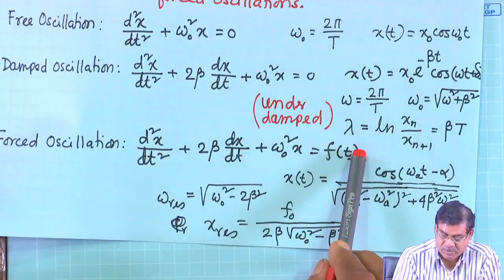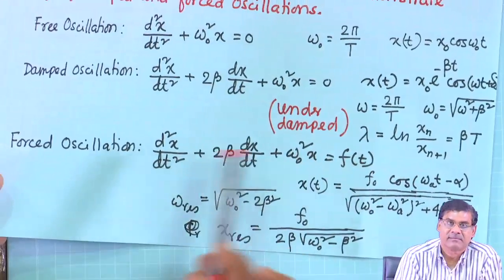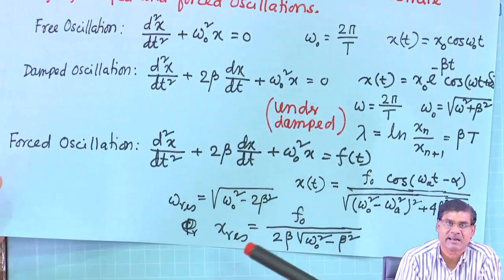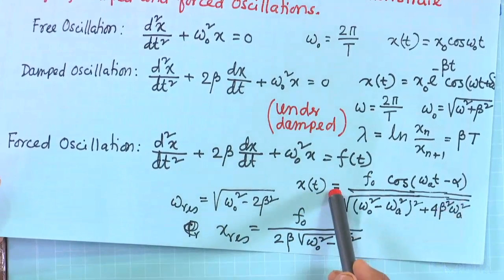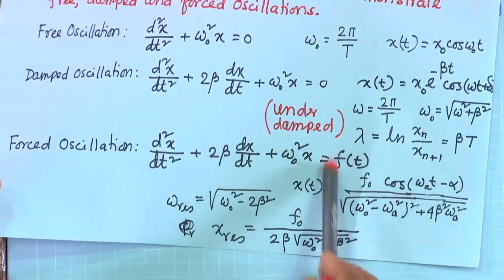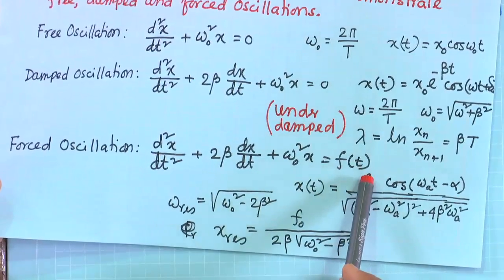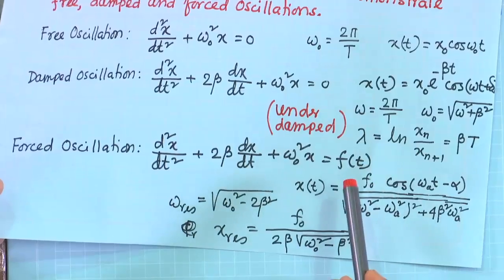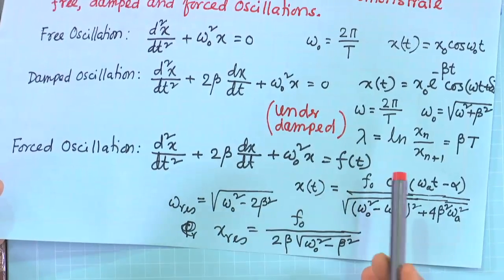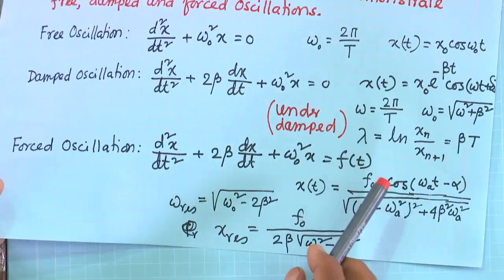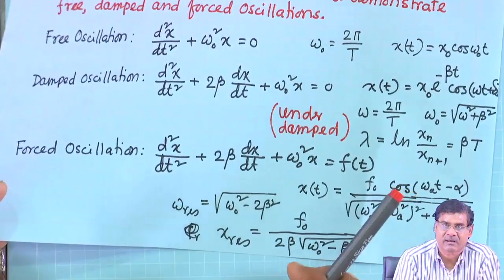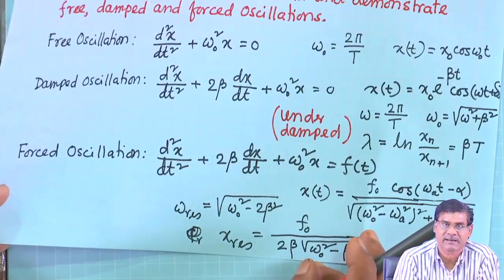Okay. In the case of forced oscillation, an interesting phenomenon one can see is resonance. If you change the frequency of the applied force, at a particular frequency you will get a very large amplitude of oscillation.